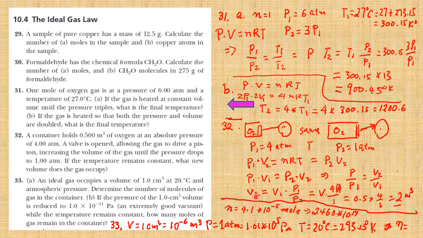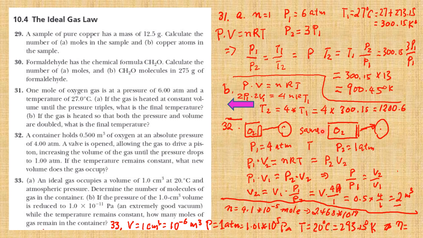So you get V2 equals V1 times P1 over P2, and now P1 is actually 4 atmospheres and later on P2 is 1, so 0.5 times 4 over 1, and it's 2. So here it started with 4 and 1, but then the volume becomes 1 to 4.